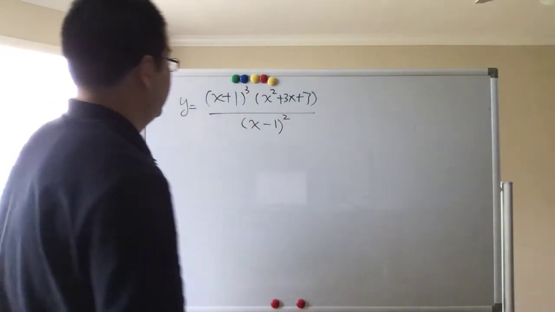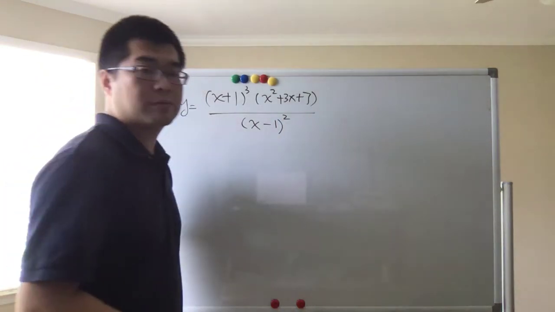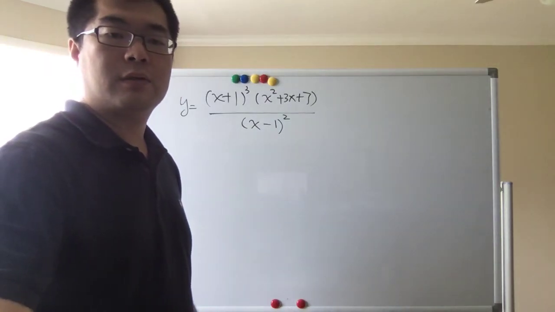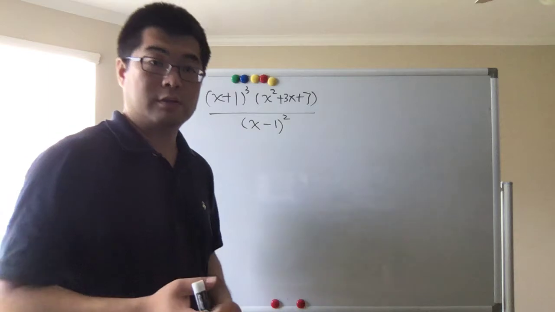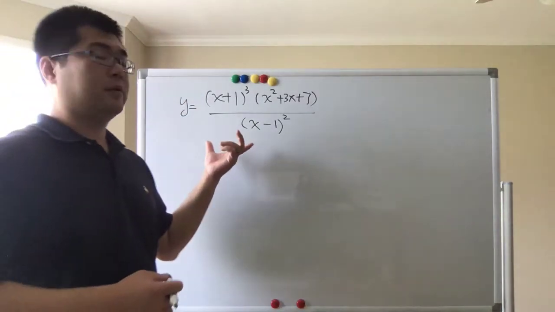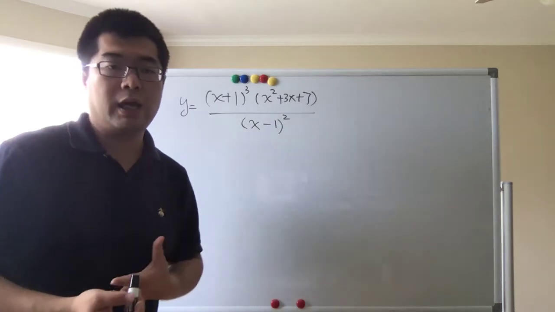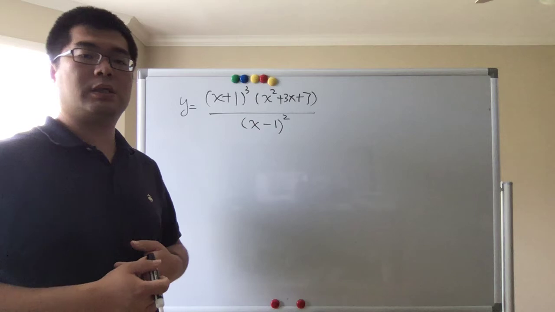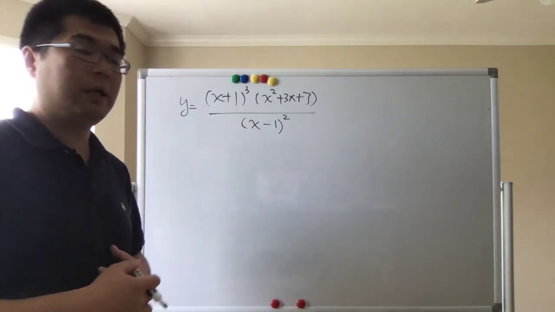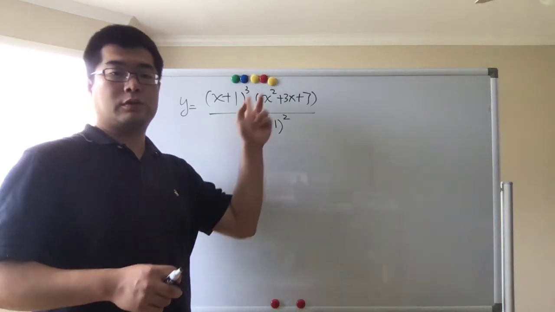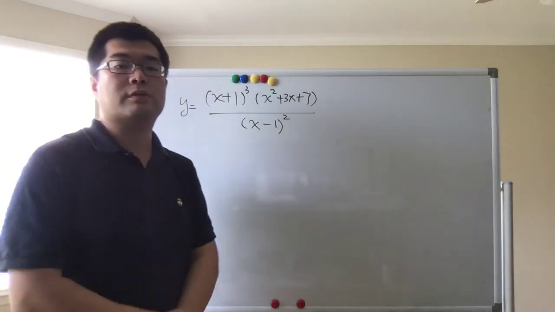The question is, let's take the derivative of this. You see, guys, it is okay to treat this problem as a quotient format, so you can definitely apply the quotient rule, but also the product rule to handle this problem.